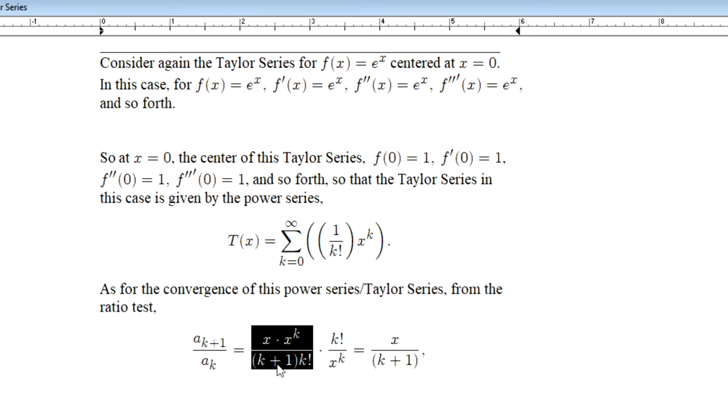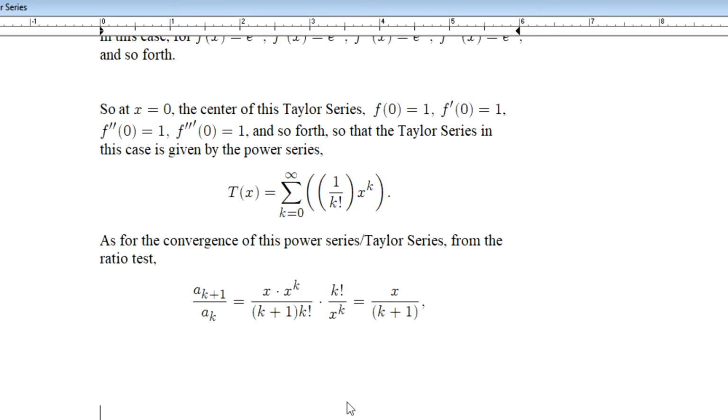If we arrange that here, this would be the value of a sub k plus 1 times the reciprocal of a sub k, where we will see the k factorials cancel, the a to the kth powers cancel, and we'll be left with just this factor of x in the numerator over this factor of k plus 1 in our denominator. That will be the ratio of a sub k plus 1 over a sub k that we see used in the ratio test.